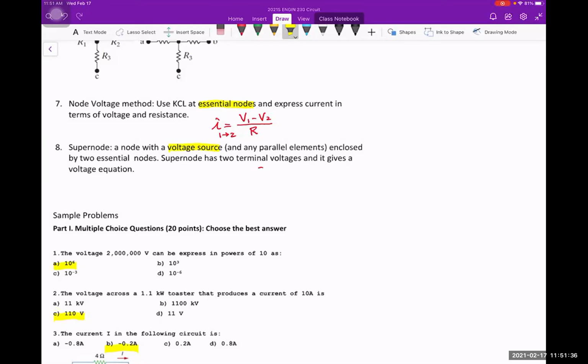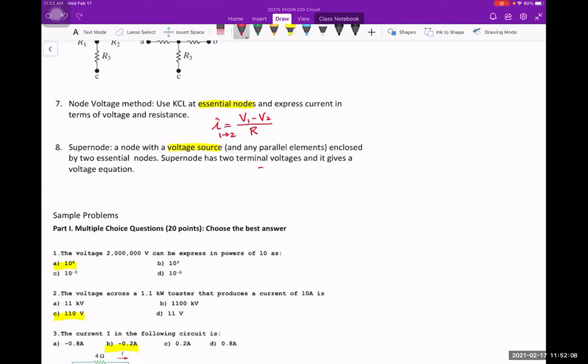You cannot use just the node voltage method to solve it, because when you try to solve it, you will have a situation where you don't know the current in the voltage source. A voltage source normally gives you the voltage difference. It doesn't tell you the information about the current. And you don't know the resistance as well, so you cannot use Ohm's law. Therefore, you have to use the supernode method.